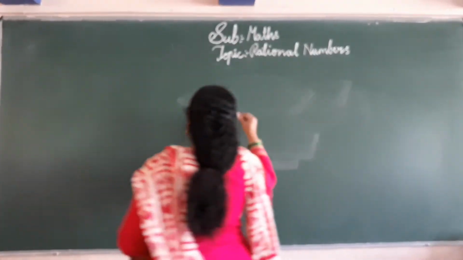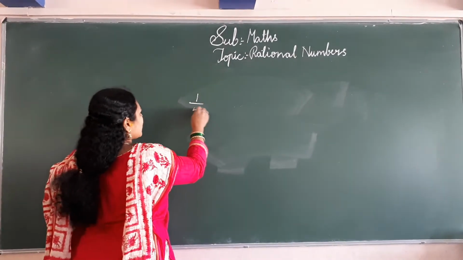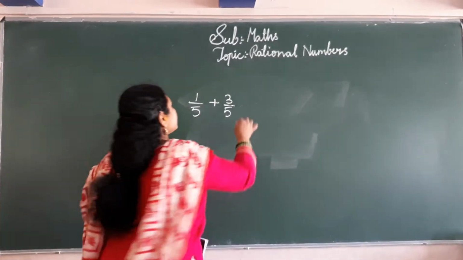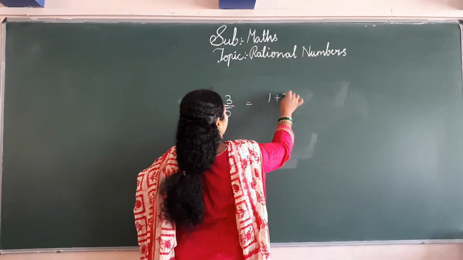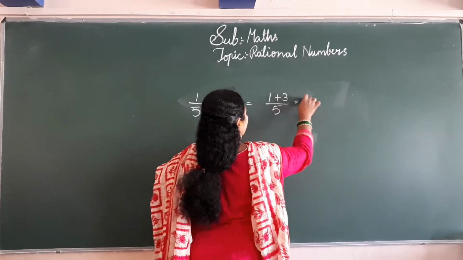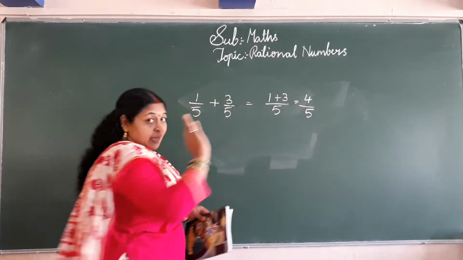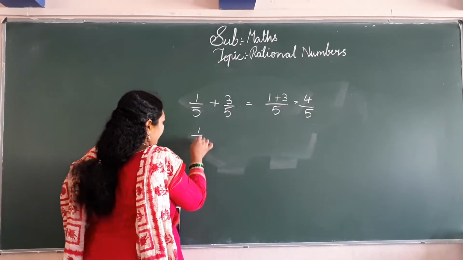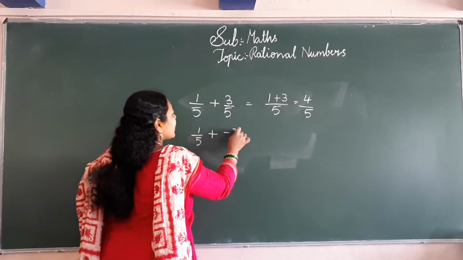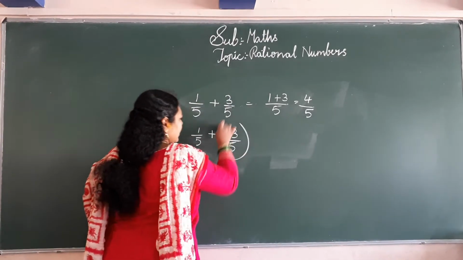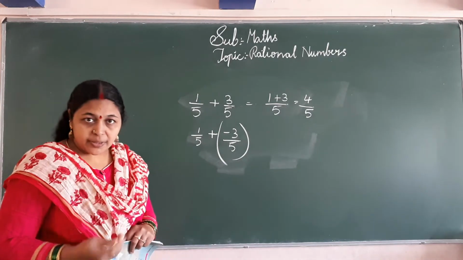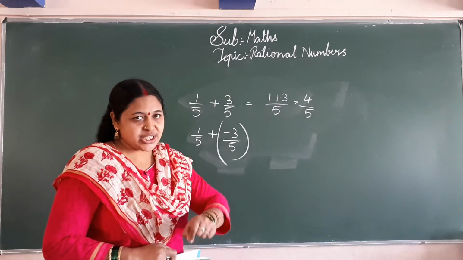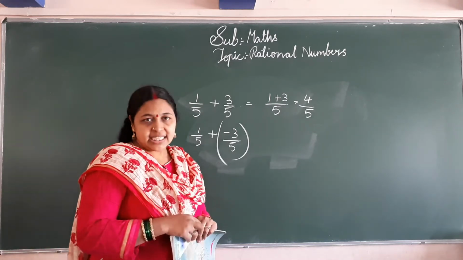Here we know how to add like fractions, isn't it? 1 by 5 plus 3 by 5. Here we get 1 plus 3 by 5, which is equal to 4 by 5. Same process we have to follow. But if we have 1 by 5 plus minus 3 by 5, it becomes a negative number. To get negative numbers, we follow the rules of integers. Everybody knows how to use integers, isn't it?